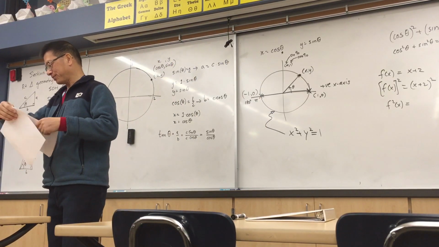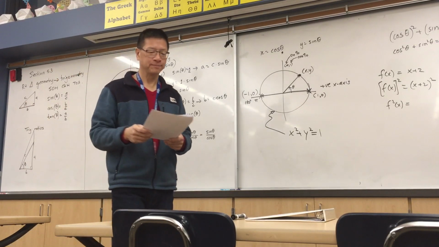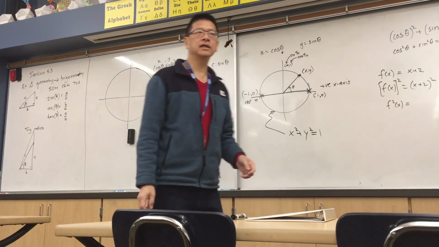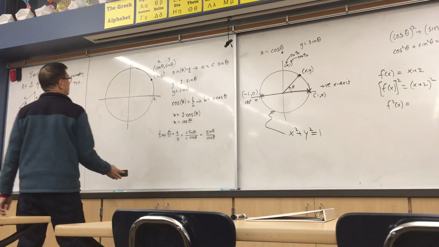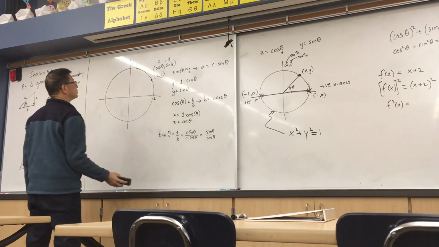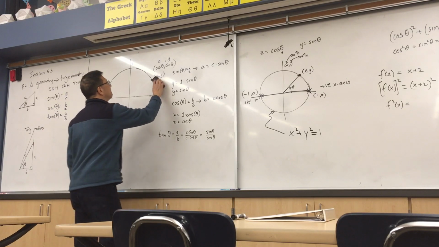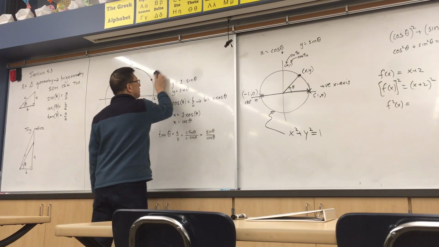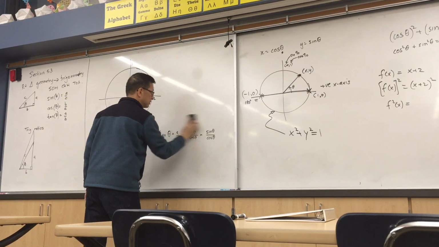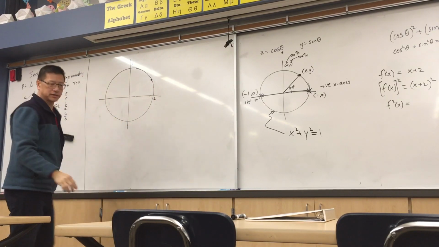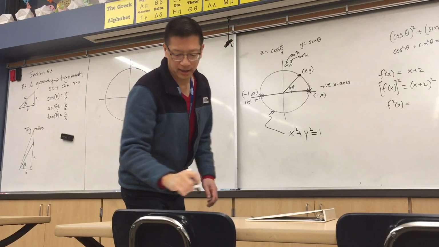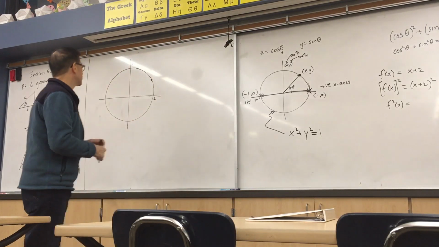Okay, so the next thing we're going to do is go back to this unit circle here. I'm going to outline for you what we're going to do as an exercise. I'm going to do all the easy ones.